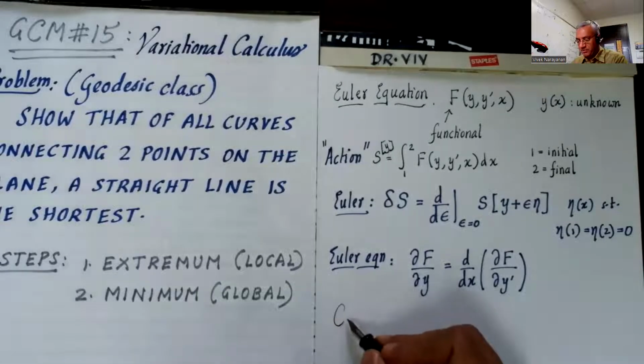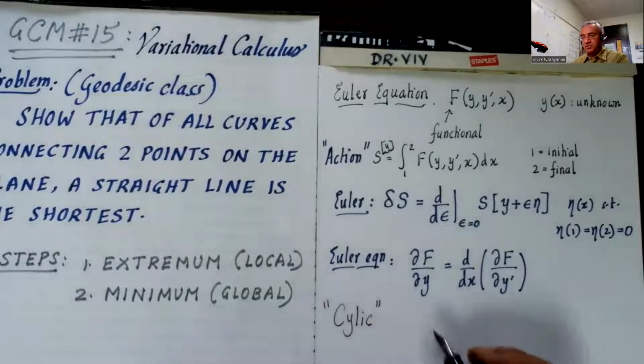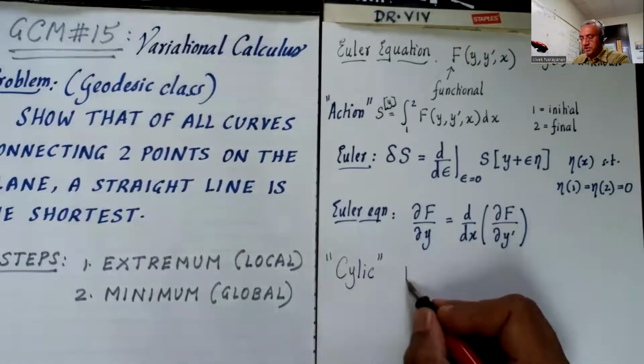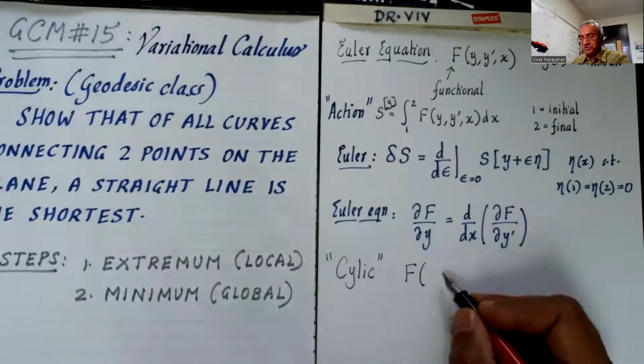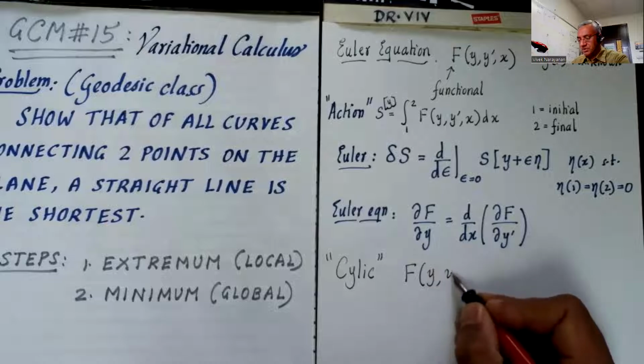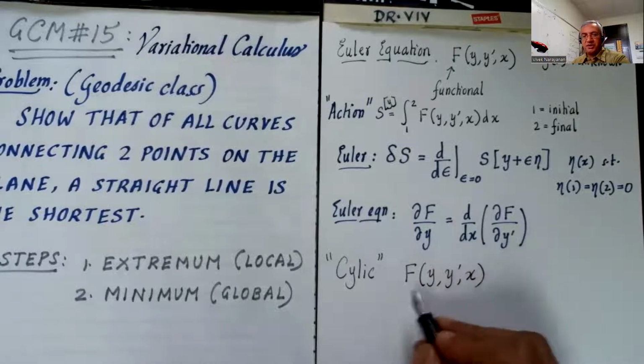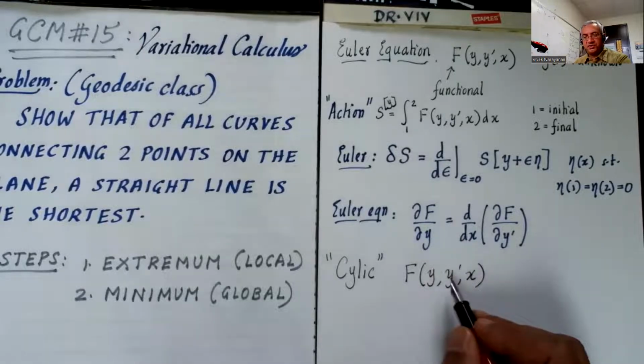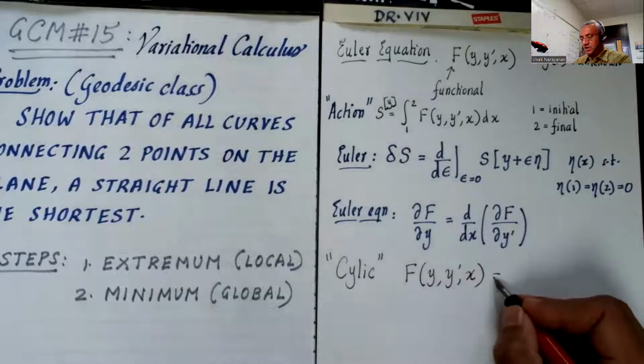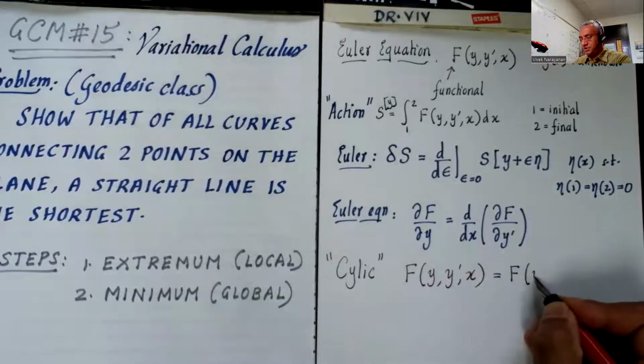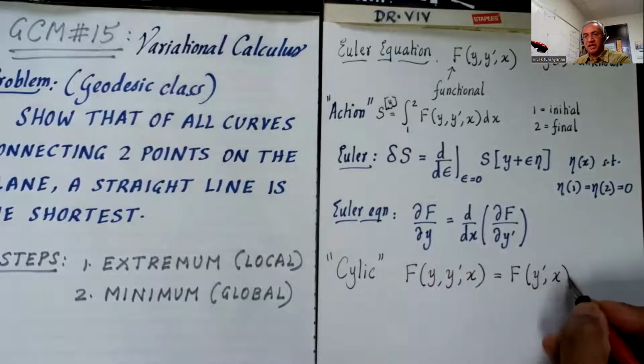So let's define what a cyclic problem is. A problem is called cyclic if the functional, which generally can depend on y, its derivative, and x, does not depend on y. It only depends on y prime and x.